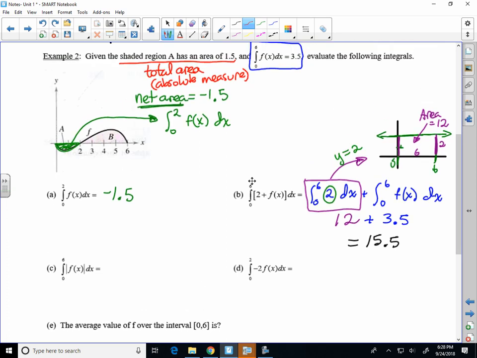Part C, the integral going from 0 to 6 of the absolute value of f of x dx. All right, so that's saying that if there are negative components to this graph, you have to drop the negatives. So we're looking at this boiling down to the integral going from 0 to 2 of f of x dx.